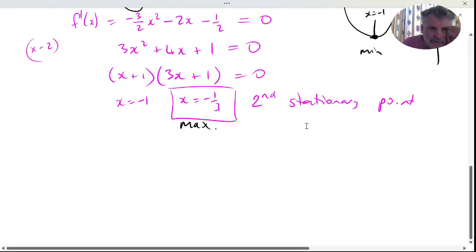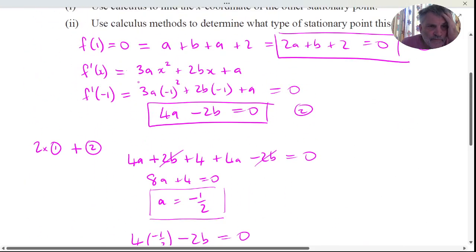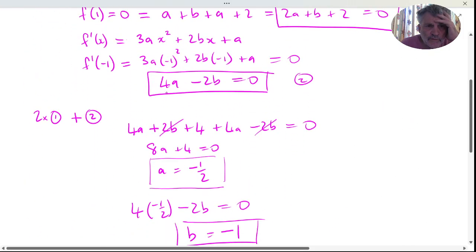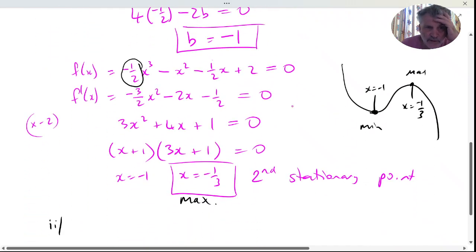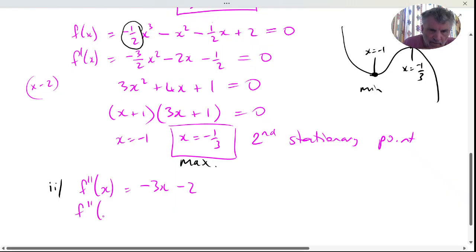But it did say use calculus, so part 2, we take our derivative. Here's our derivative. If we find the second derivative, 2 times this is going to cancel that 2, so it's minus 3x and then minus 2. We want to know what's happening when the x value is -1/3, so it's minus 3 times -1/3 minus 2.